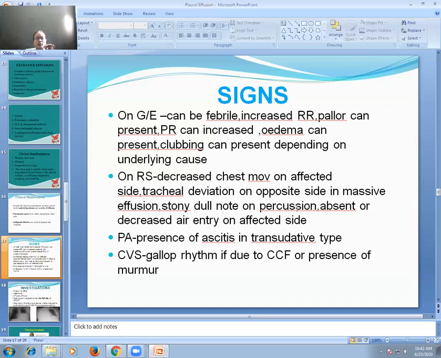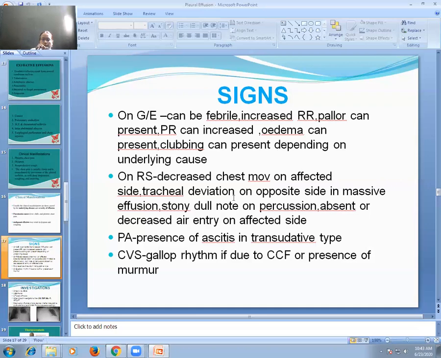So in practical, you have to explain your positive findings on general examination and in system examination that support your diagnosis. Your findings and your history should support your diagnosis, and you should be able to explain why you give this diagnosis to the patient.